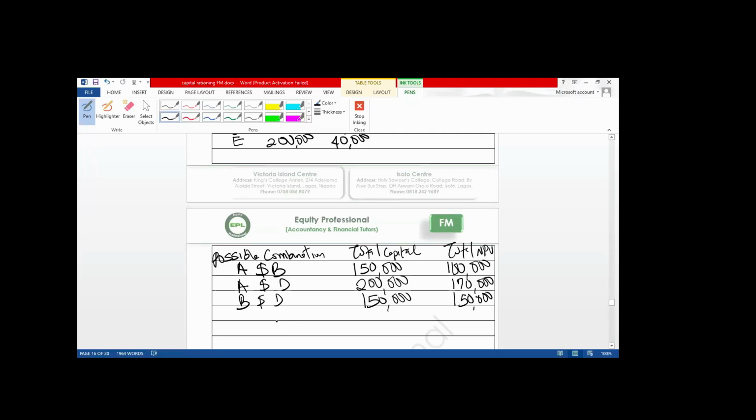Then we can look at project E only. Capital required 200,000. NPV 40,000. These are all the possible combinations.